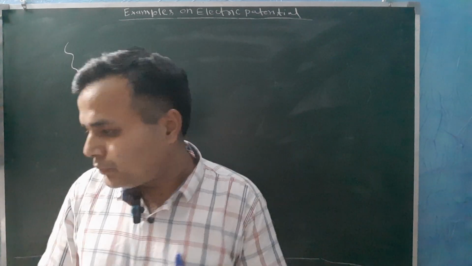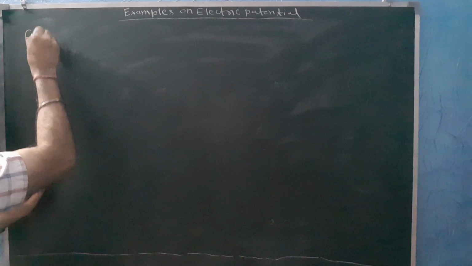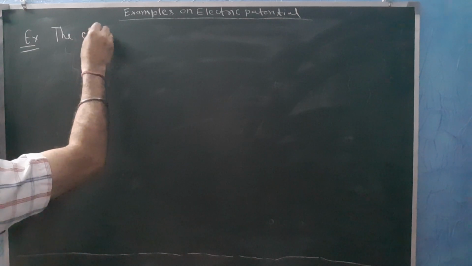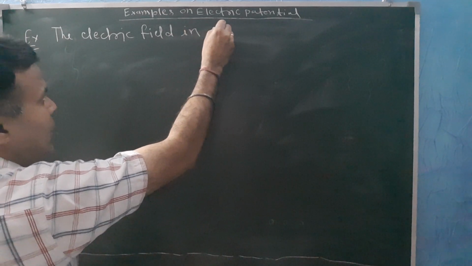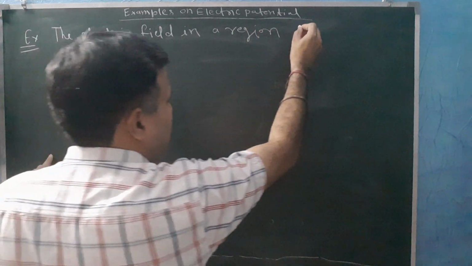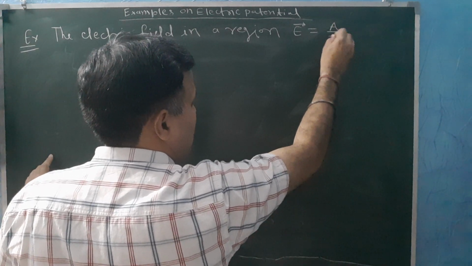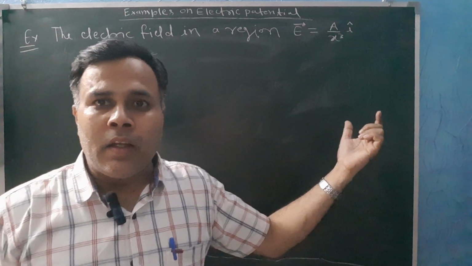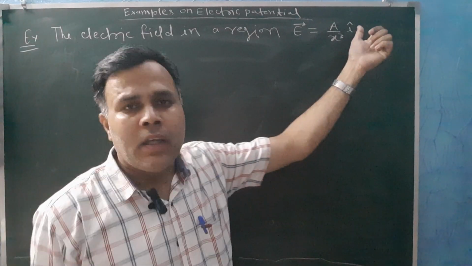So we have an example. The electric field in any region is given by E equal to A by x cube i cap, where A is any constant, x is a variable and i cap is a unit vector.